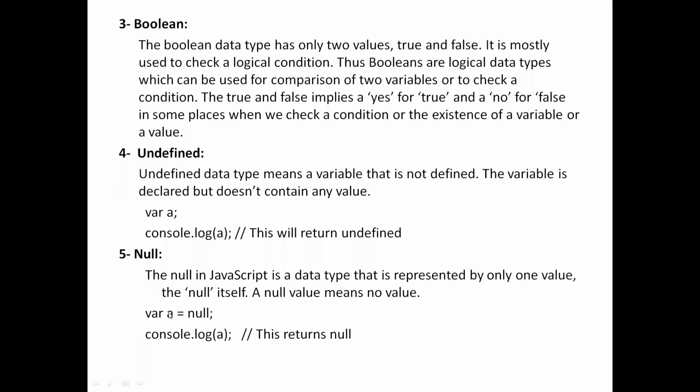Null means nothing value. The null in JavaScript is a data type represented by only one value, the null itself. The null value means no value, but initialization and declaration are done using the null keyword.